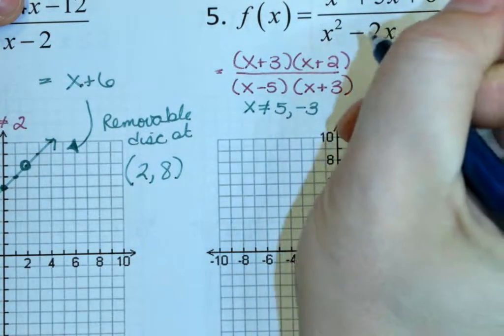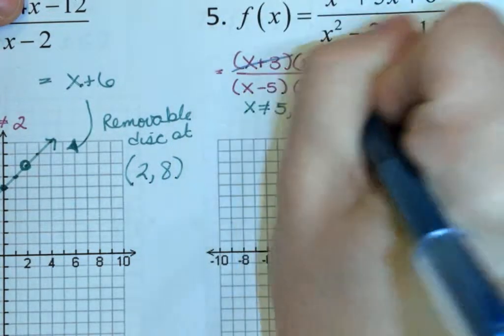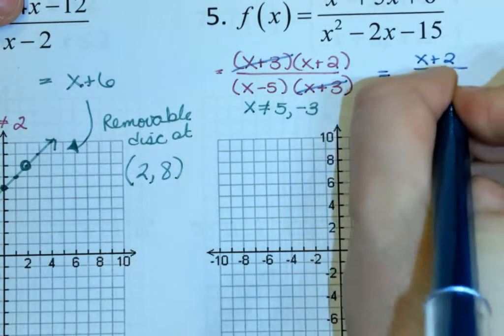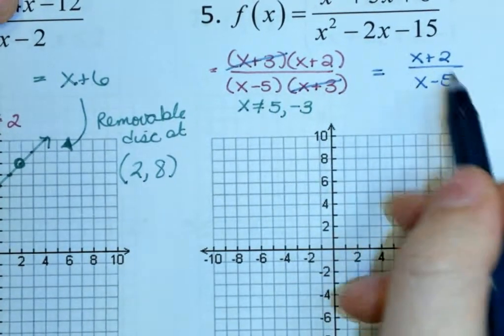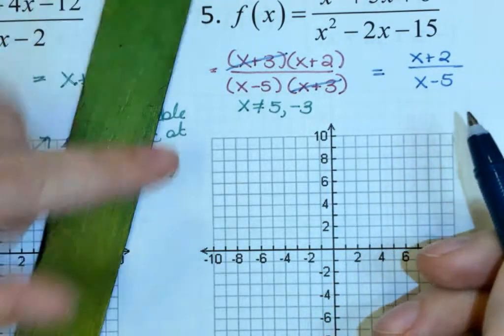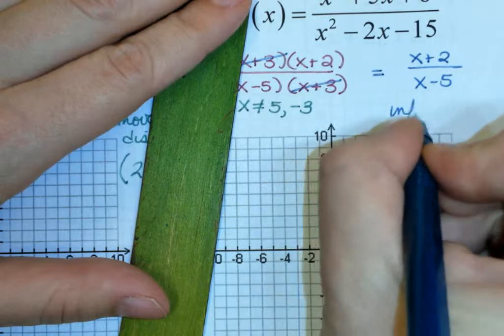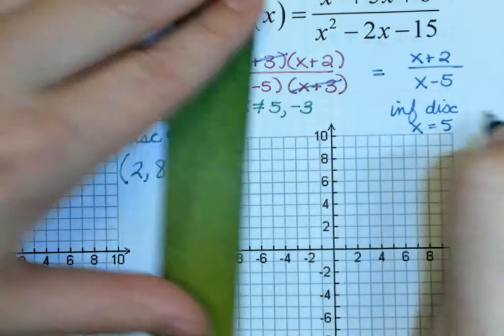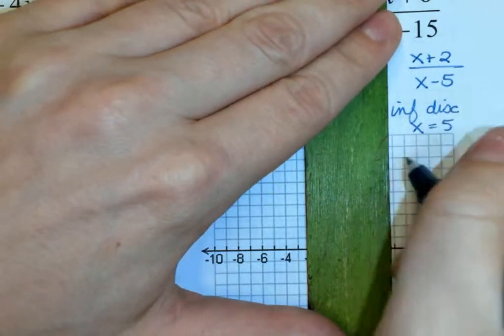Cancel out what? The x plus 3's. So I'd have x plus 2 over x minus 5. Anything that's left in my denominator is going to give me an asymptote. So I have an infinite discontinuity at x equals 5, and I can put my asymptote there.